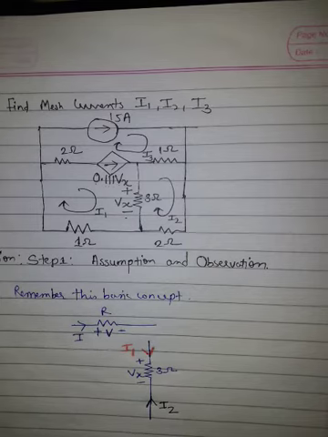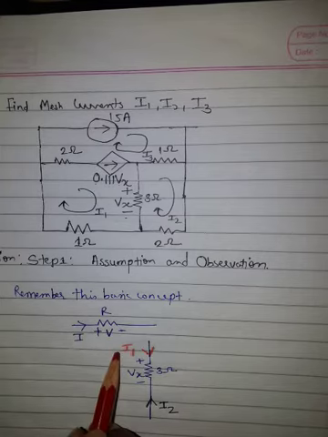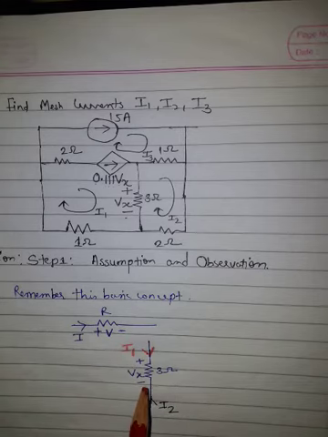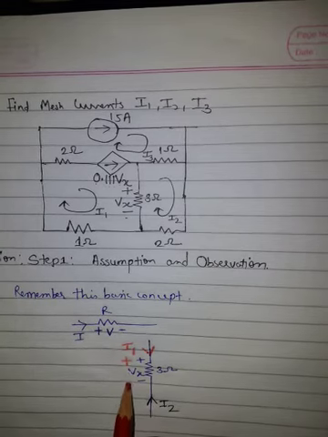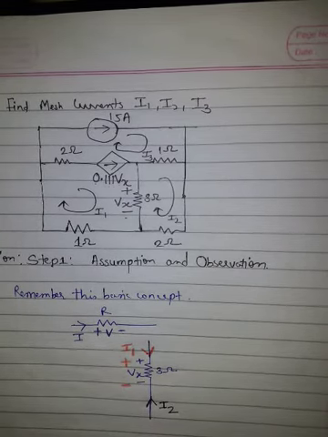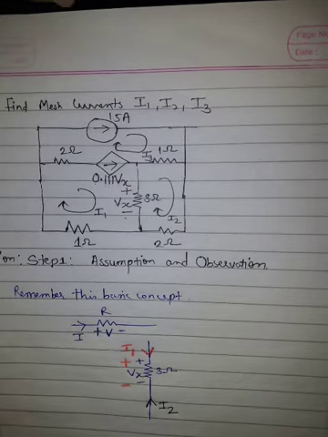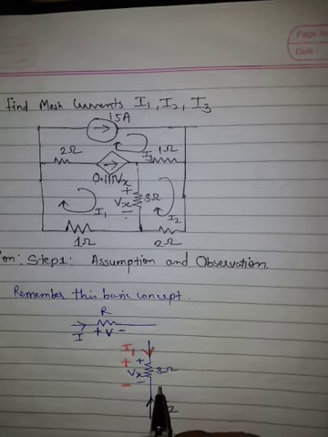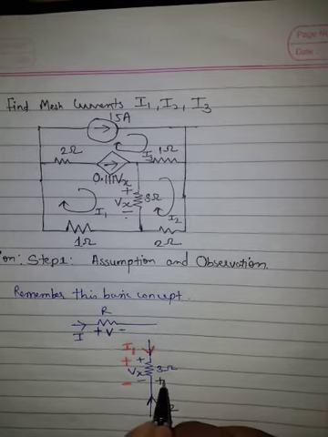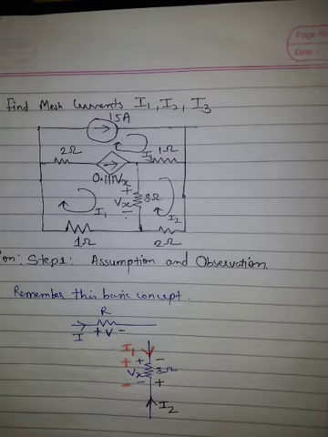Both the currents are flowing through this 3 ohm. But if you consider the polarities because of I1, the voltage drop across 3 ohm will be positive here and negative here. And if you consider I2, then the voltage drop across 3 ohm will be positive here and negative here.